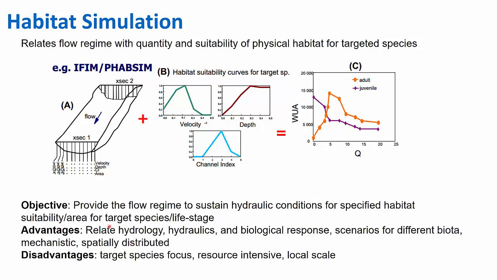You also need to have a biological response, these habitat suitability curves, these preferential curves, and you can generate different scenarios of flows and how they can benefit given species. These are called mechanistic.